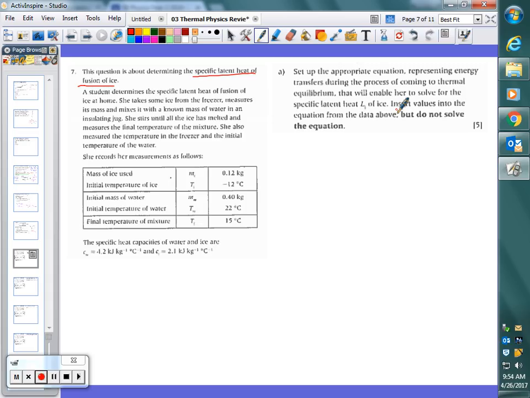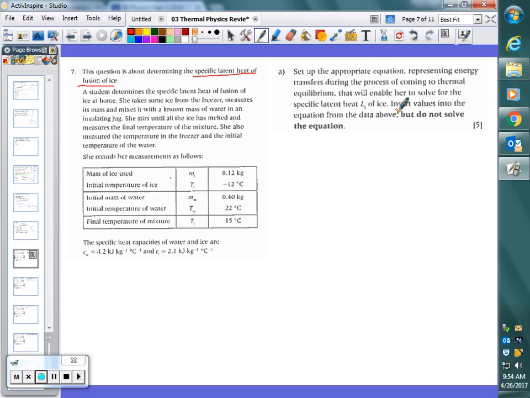Okay? So, going back, there are actually 4 energy transfers that occur here. What has to happen to bring this ice-water mixture into equilibrium? 4 things have to happen, starting from the time she puts the solid ice into the liquid water.